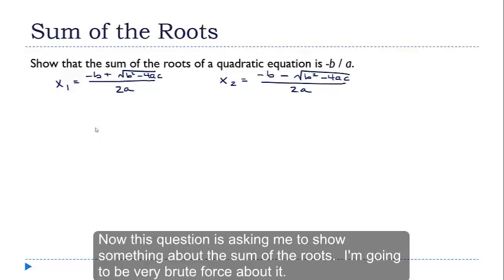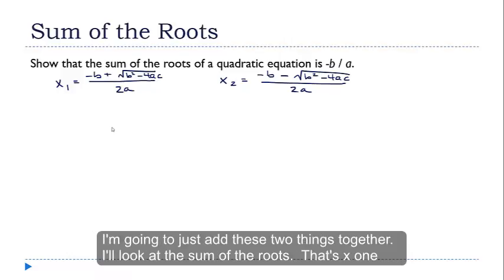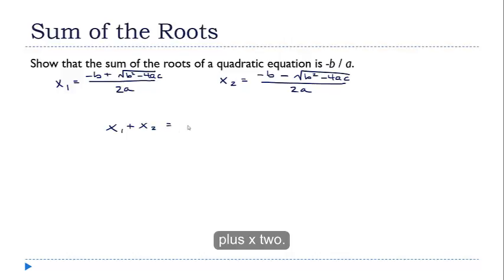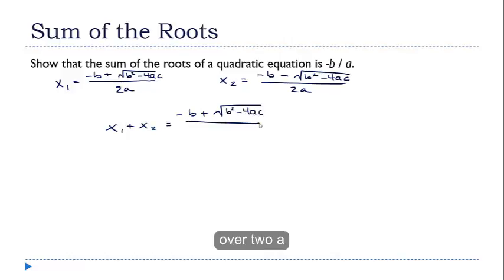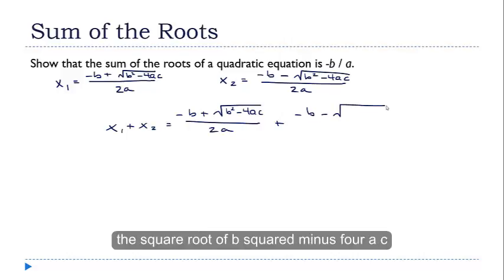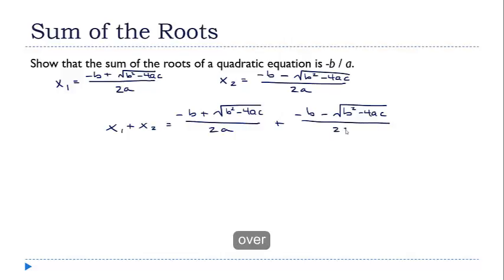Well, I'm just going to be very brute force here. I'm going to add these two things together. I'm going to look at the sum of the roots. That's x1 plus x2. So that's negative b plus the square root of b squared minus 4ac over 2a, plus negative b minus the square root of b squared minus 4ac over 2a.